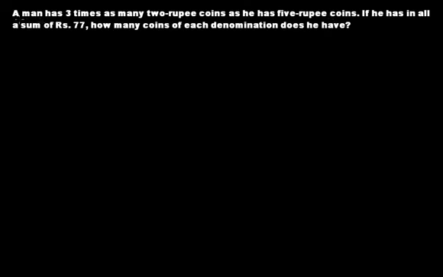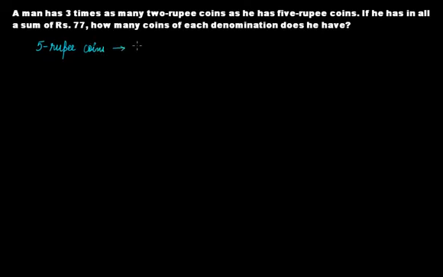What information do we get from the first line? It says that the number of 2 rupee coins is actually 3 times the number of 5 rupee coins. So let the quantity of 5 rupee coins be x coins.